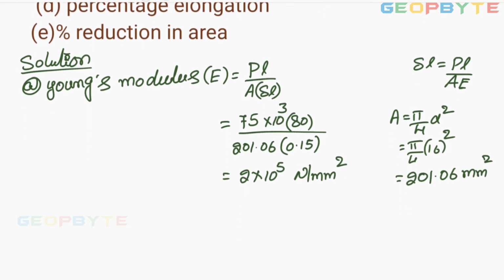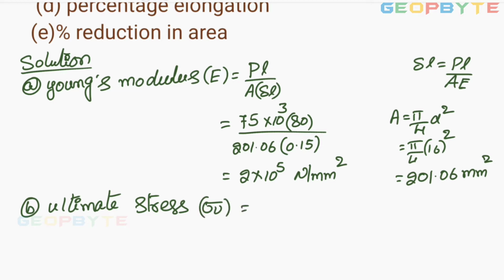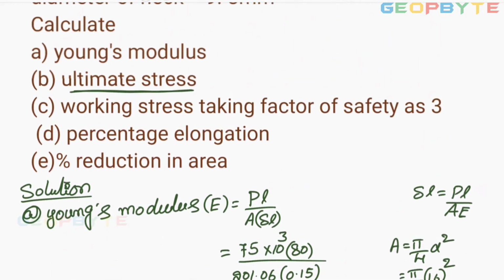So ultimate stress, it may be written as sigma suffix u, equal to the ratio between the maximum load and area of cross section. Maximum load means ultimate load.